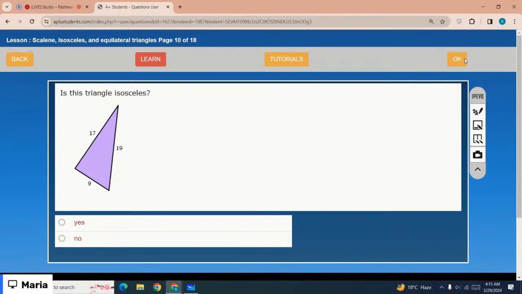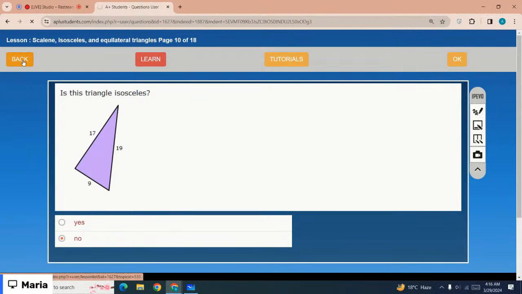Is this triangle isosceles? No, it is not isosceles, right?